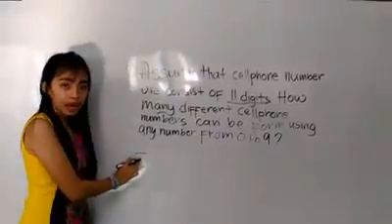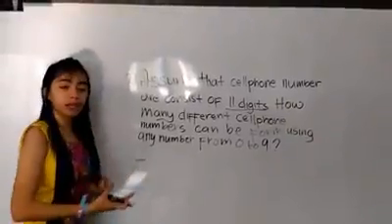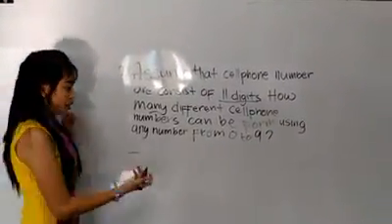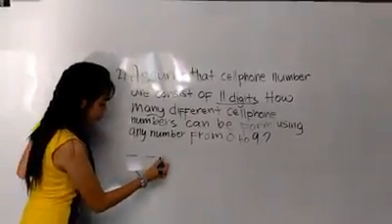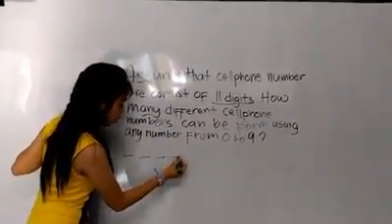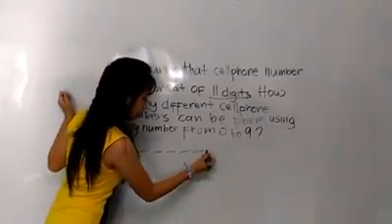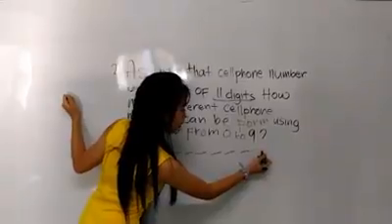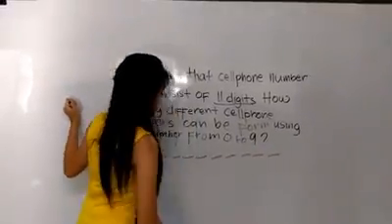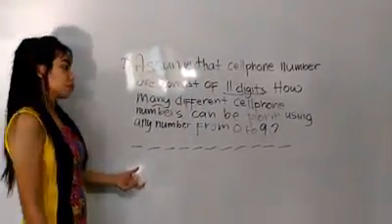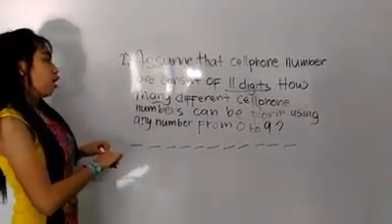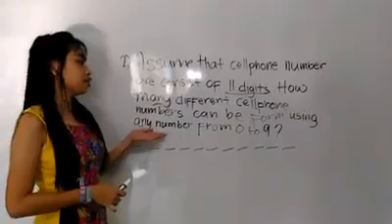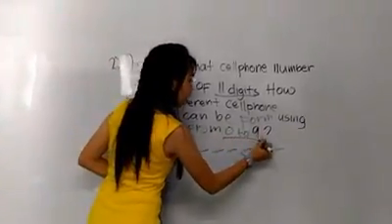So 11 digits. These represent how many numbers we are going to multiply: 1, 2, 3, 4, 5, 6, 7, 8, 9, 10, 11. Each one represents a digit. And it says, how many different cell phone numbers can be formed using any number from 0 to 9?